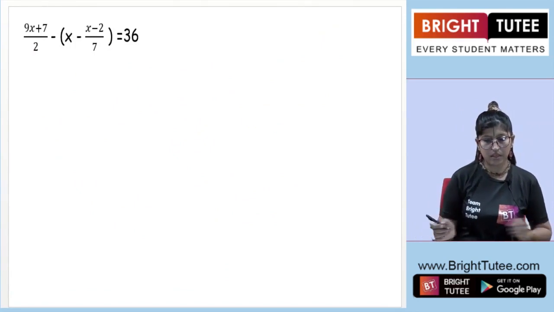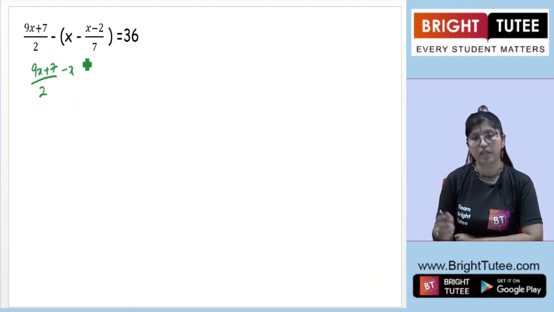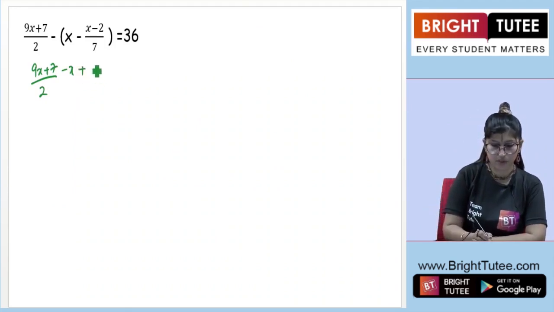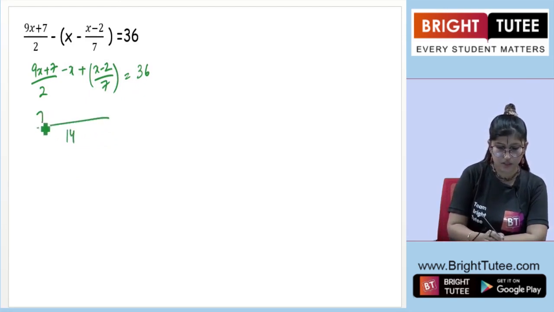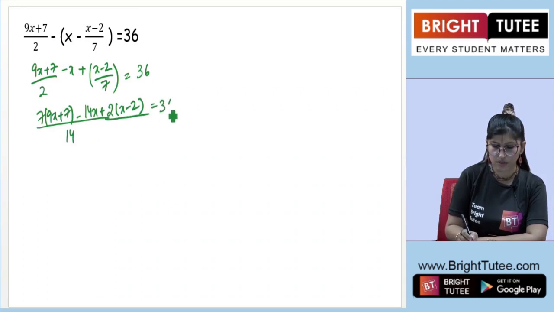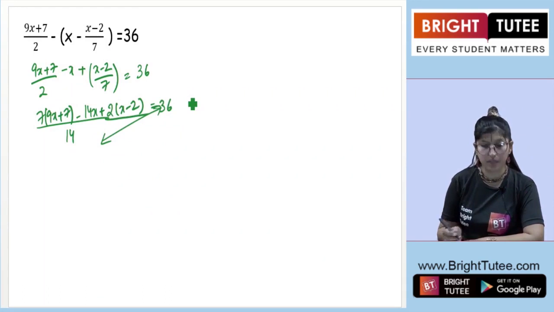Now this question is this. The very first thing is we change the sign in the bracket because we have a minus over here. So that will be x minus 2 upon 7 equals 36. Now I will take the LCM. LCM is 14. So 7 times 9x plus 7 minus 14x plus 2 times x minus 2 equals 36. We multiply it to the other side and solve the numerator.